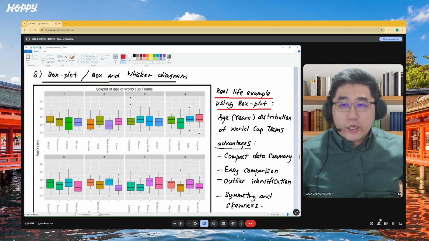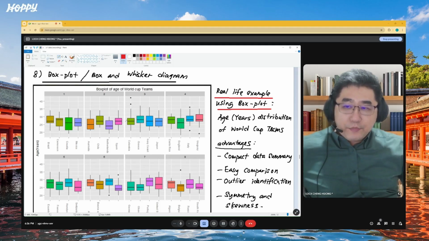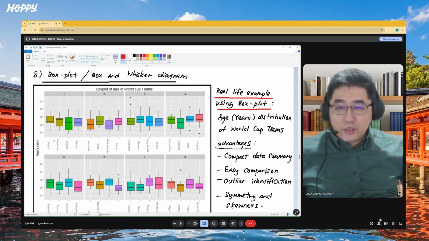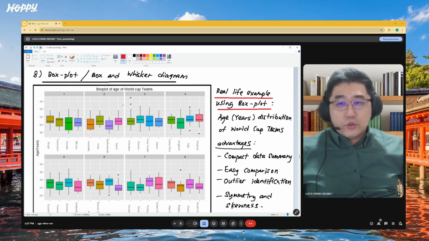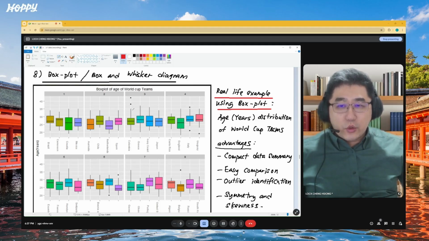Over here I've cropped one real life example from the World Cup, for each team from each country. They show you the age of the players. You can see there's a dot here that represents extreme values. There will be Q1, Q2, Q3, and the range of values from the youngest player to the oldest player.